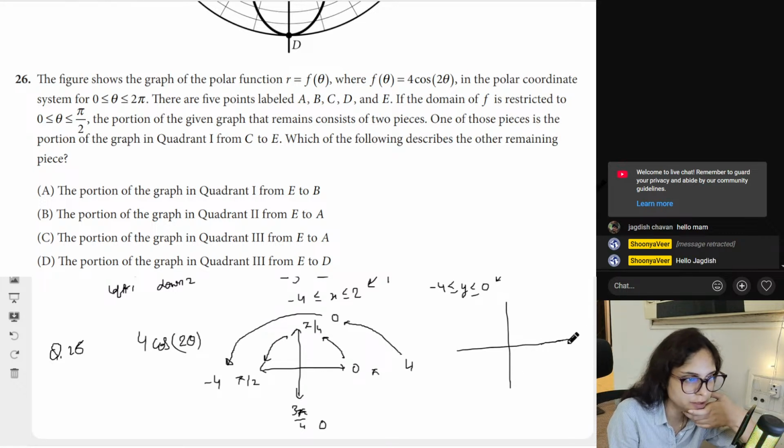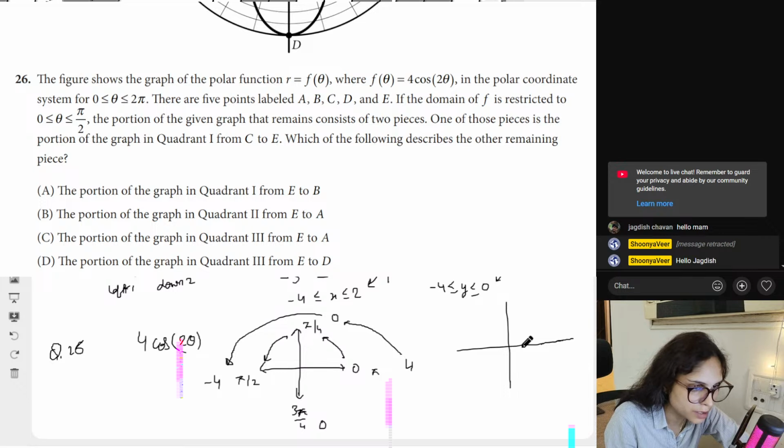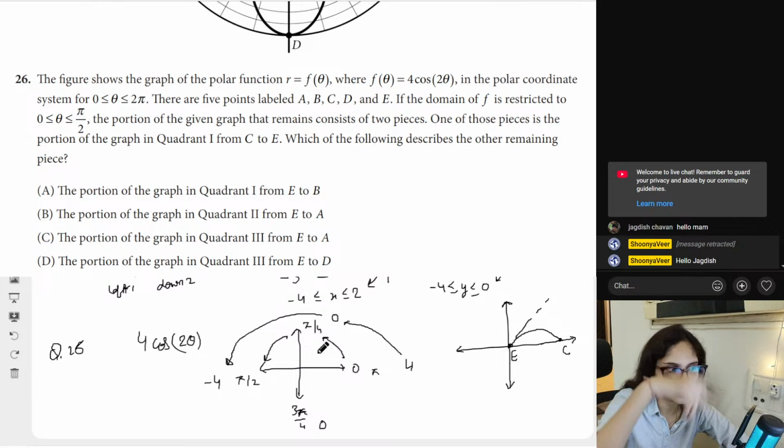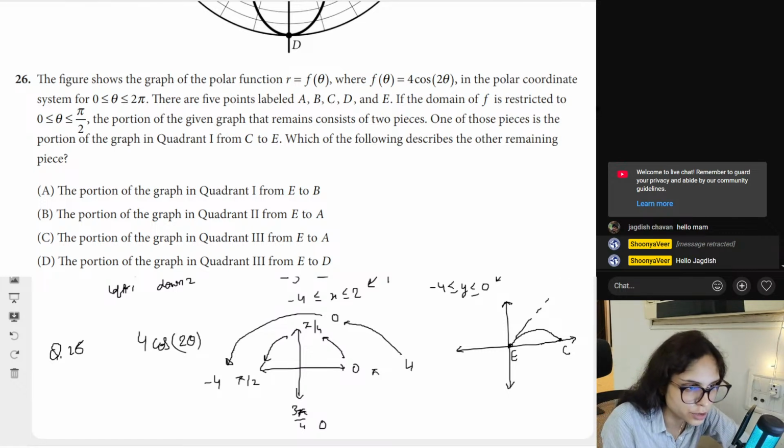So let's see over here. At 0 angle, you have 4. And at pi over 4, it is 0. Pi over 2 is this angle in the unit circle because we are not plotting according to 2 theta, we are plotting according to theta.